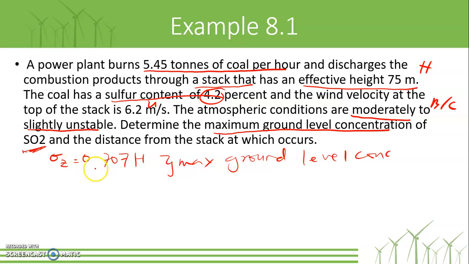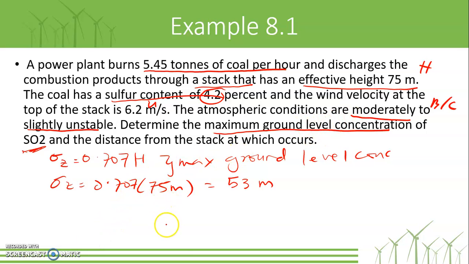The height of the stack is given in the question, which is H, 75. So your sigma z will be 0.707 times 75 meter, which will give you around 53 meter. So you want to determine the C.